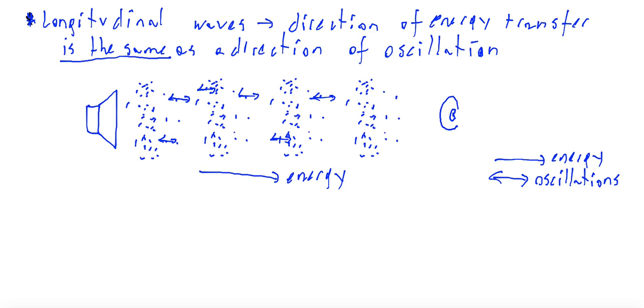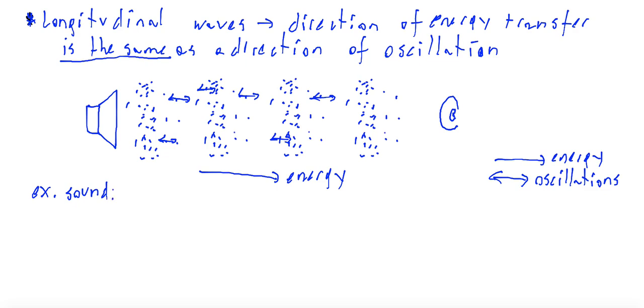And this is a longitudinal wave. Again, in the case of transverse, we have perpendicular directions: energy, let's say, from left to right, and vibrations up and down. In longitudinal, we have the same direction: energy from left to right, and oscillations also left, right, right, left. The example is of course sound.